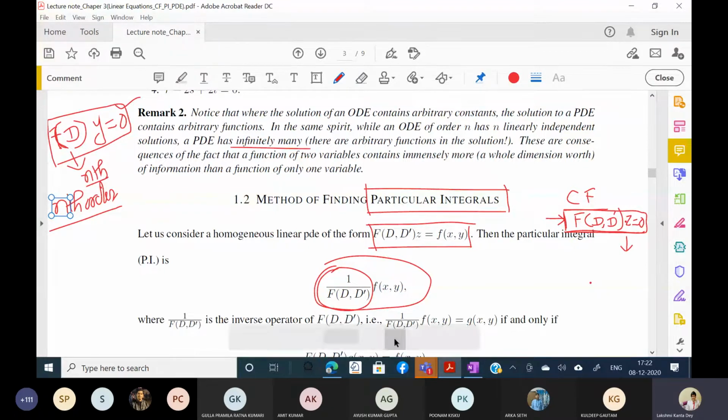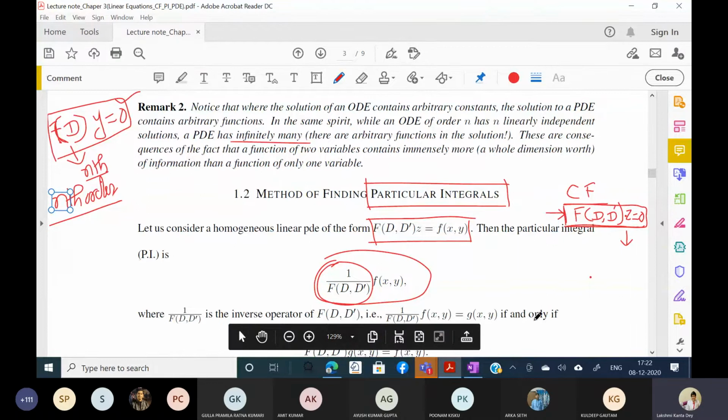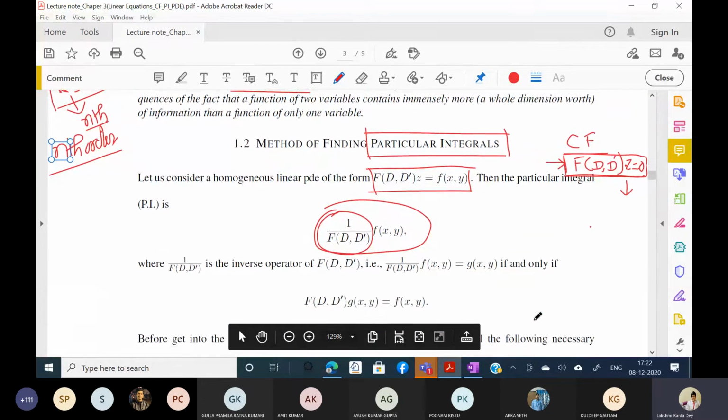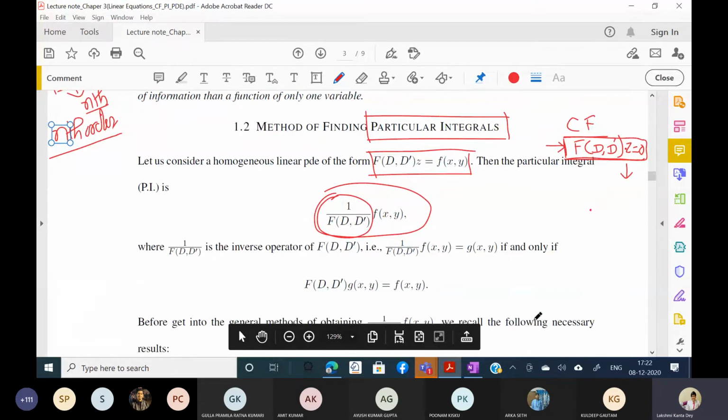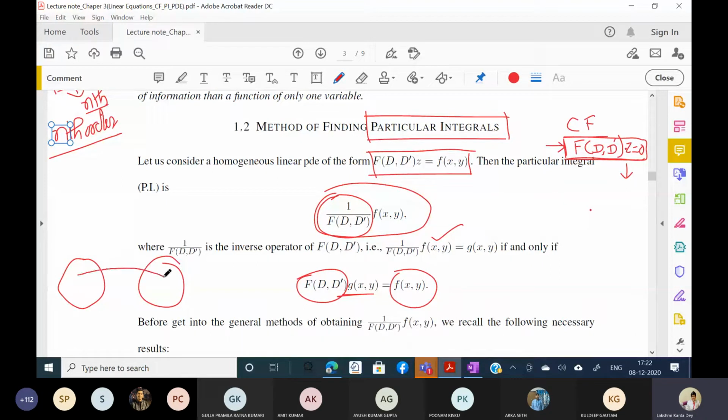It will be a function of x and y without containing any arbitrary constants or arbitrary functions, such that if you operate on that function with this differential operator, it gives the function on the right-hand side.